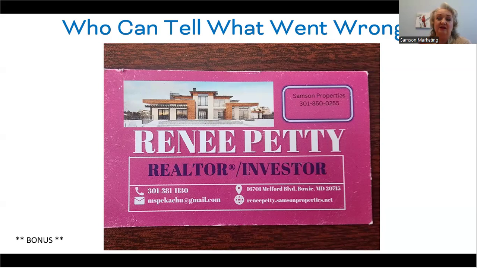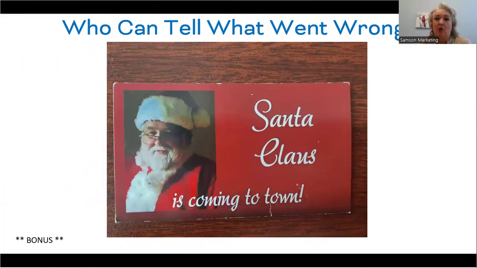So in my opinion, that was badly placed. I think it was almost like an afterthought of, oh, shoot, I need to stick it in there. But then when you also look at this one, you can also see that the font itself with her email and her website is very difficult to read. It's a thicker font, it's got a flair to it, which is a cute font, but not conducive on a business card.